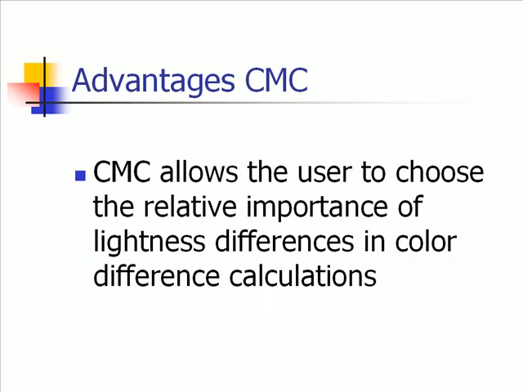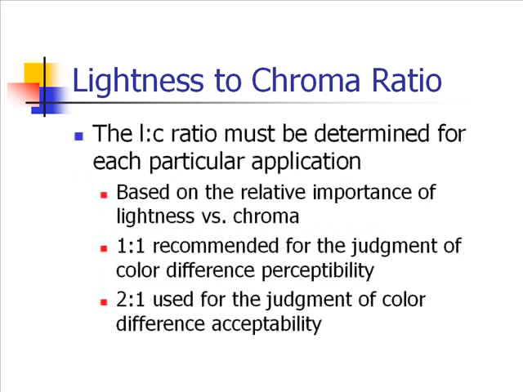CMC allows the user to choose the relative importance of lightness difference in the color difference equation. So we can tweak it to correlate better with our actual data and our actual samples. We do that by adjusting the L to C ratio. That must be determined for each particular application, and it's based on the relative importance of lightness versus chroma.